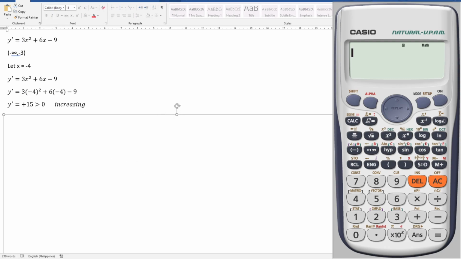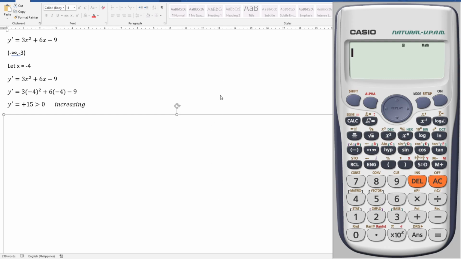It is going upward. If you look at this interval, from negative infinity to negative 3, our function is going upward.